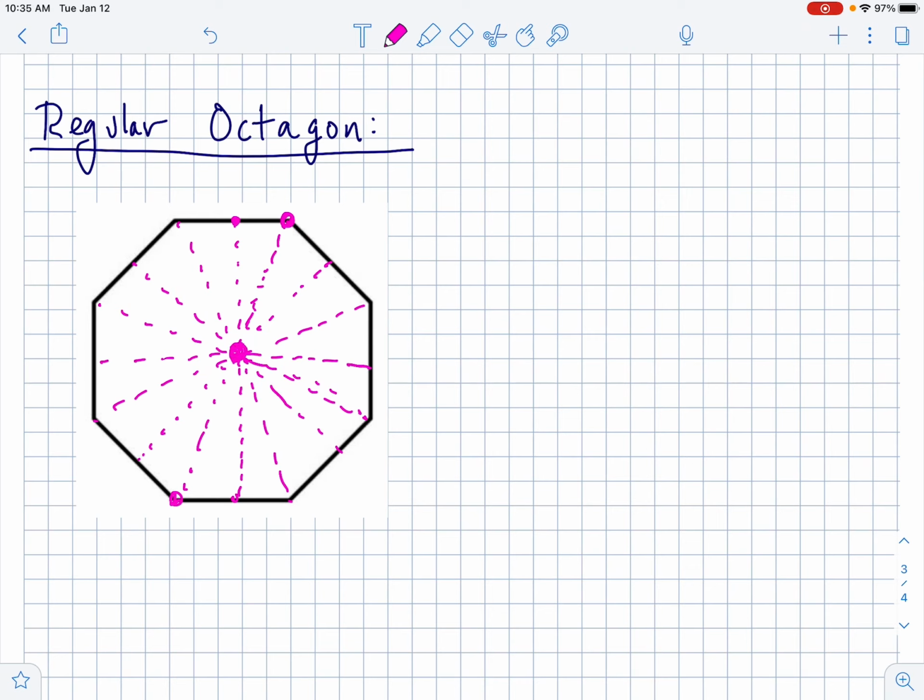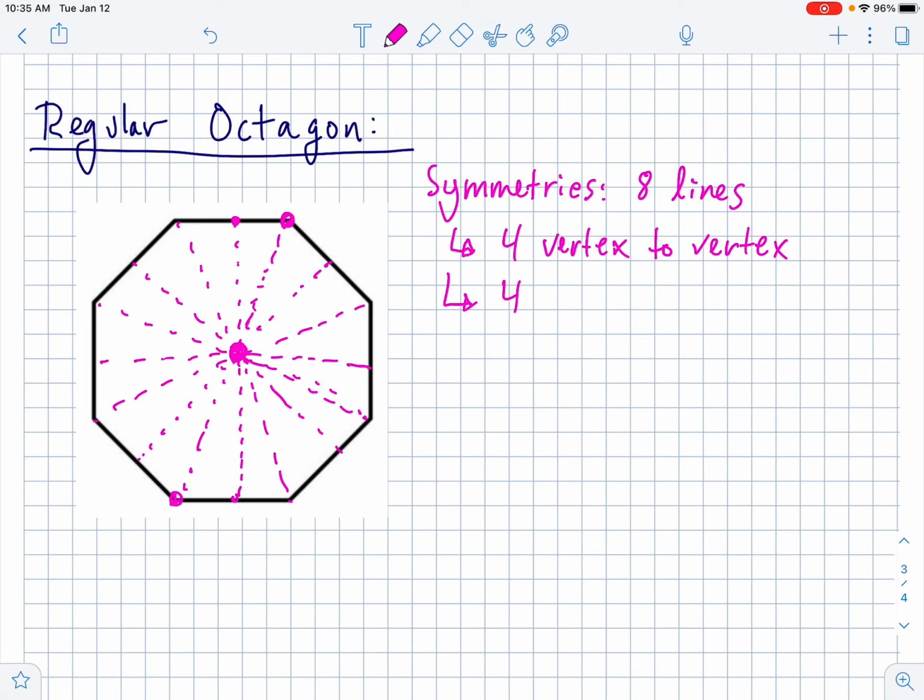So we got 8 lines of symmetry for the octagon. That makes sense. And notice they all cross at this center point here. So symmetries, we got 8 lines of reflection. 4 of them are vertex to vertex. And 4 of them are midpoint to midpoint.